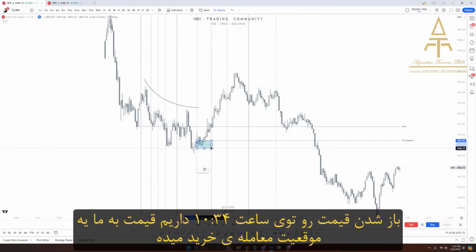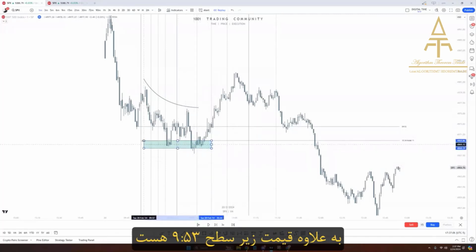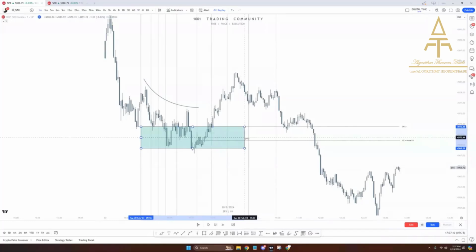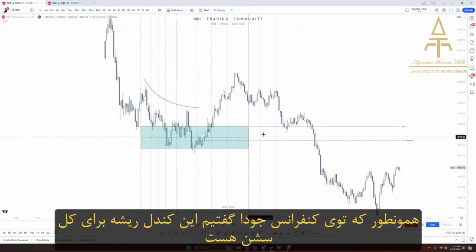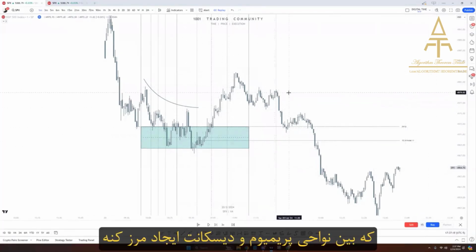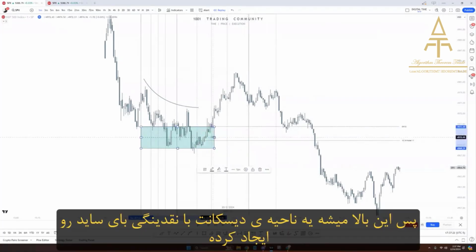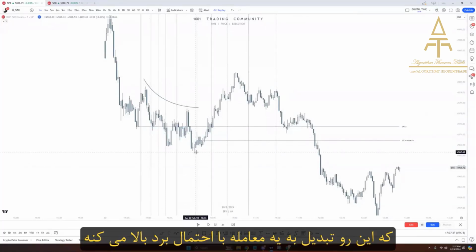Opening price of 1034 root candle, price gave you an opportunity to long. Price is also beneath the 953, as we noted in the Judas lecture. It is the root candle for the entire session to distinguish between premium and discount. So it was in discount on top with engineered buy side, making this a high probability trade.